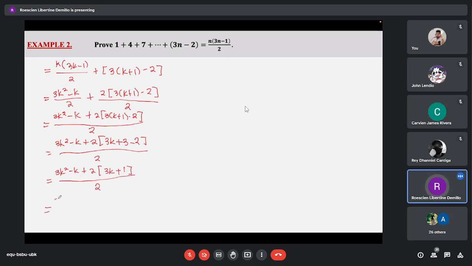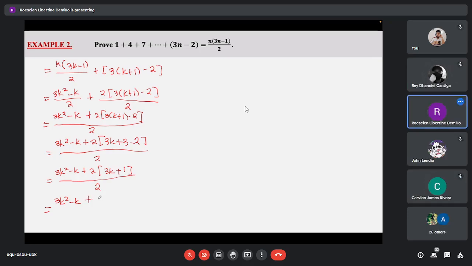Okay, and then copy 3k squared minus k. Now, we distribute 2 to 3k and 1, so this becomes 6k plus 2 over 2. Now, if we simplify this further, atong i-add si negative k og 6k.